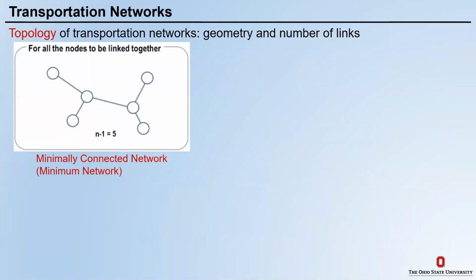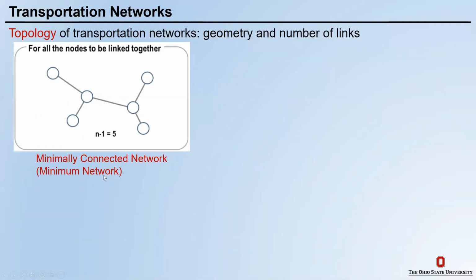And now let's talk about the calculation of number of links, just very simple discussion here. So geometry and number of links needed for given nodes, okay? So if we want to create something called minimally connected network, for all the nodes to be linked together, that's the only requirement, okay?